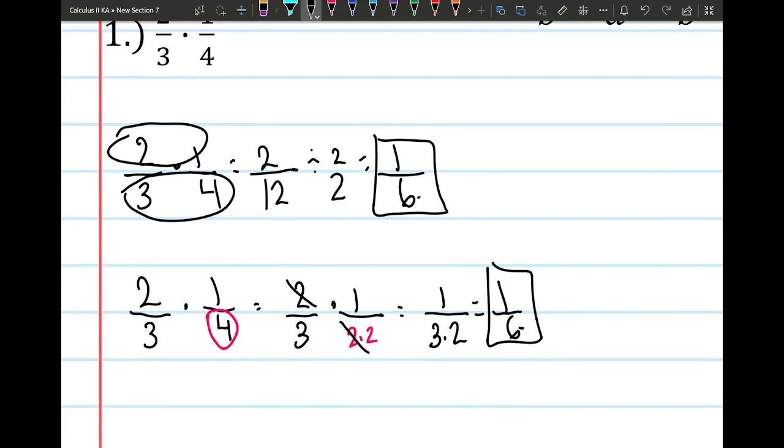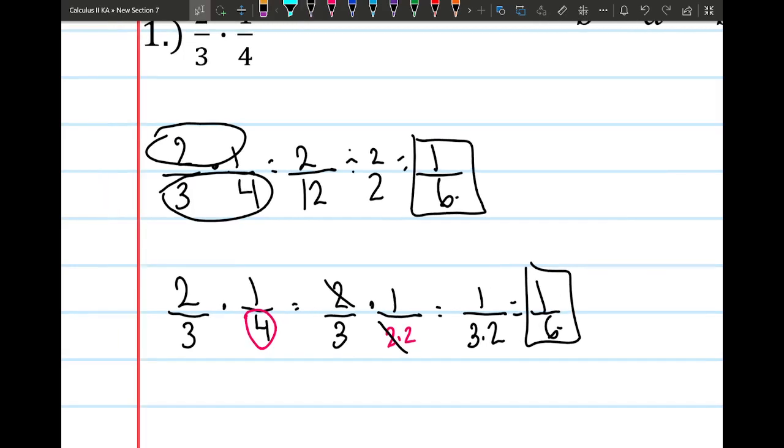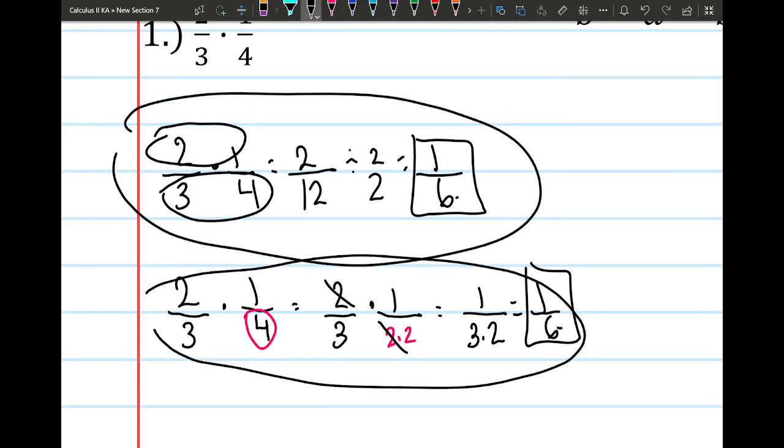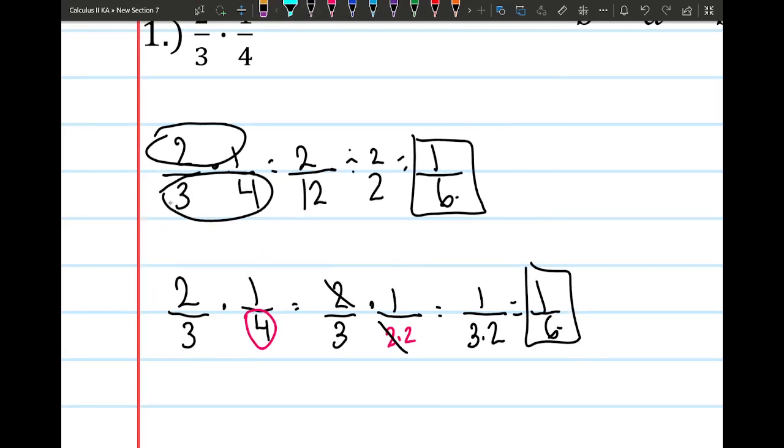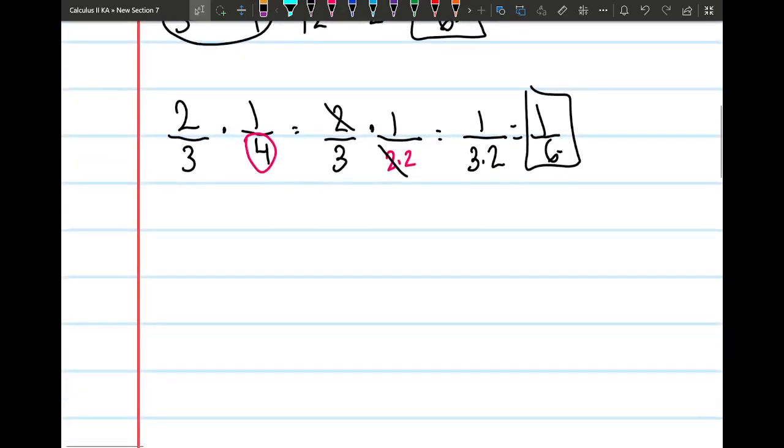So it's pretty simple. It's not really that complicated, but whatever method you prefer, it really doesn't matter as long as you get the correct answer.